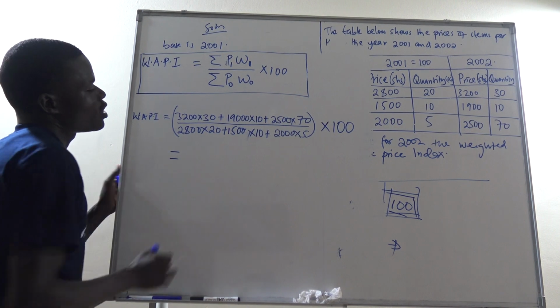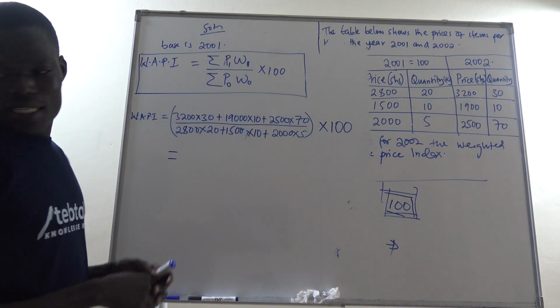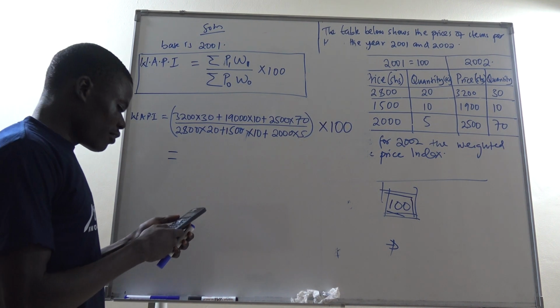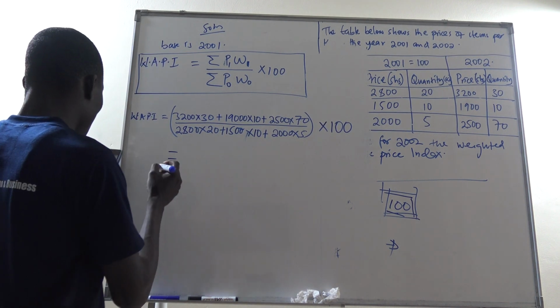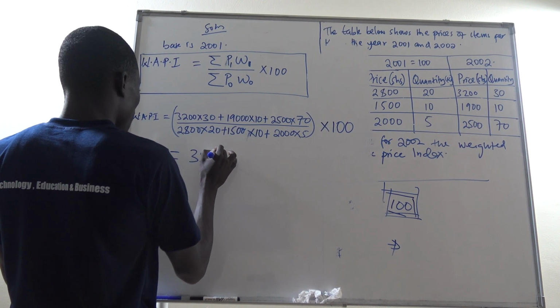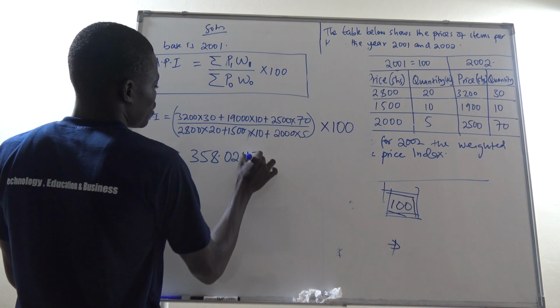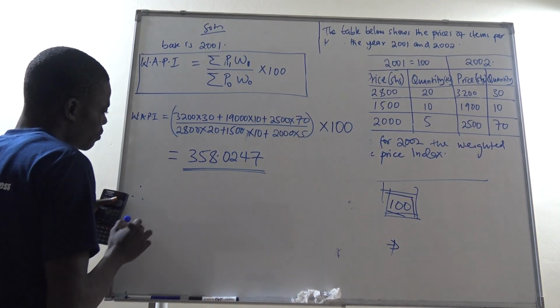So using your calculator, please multiply this value and you see the answer we shall get. From my calculator, the answer I'm getting is 358.0247. That is my weighted aggregate price index.